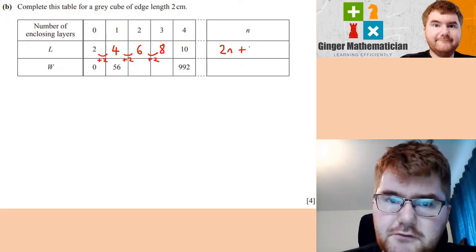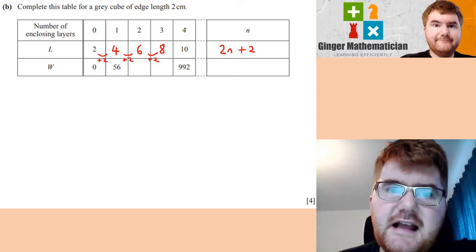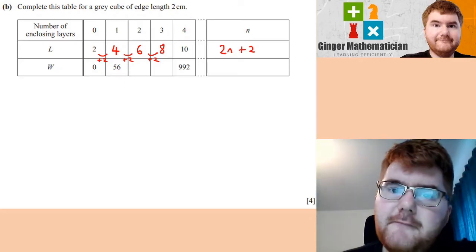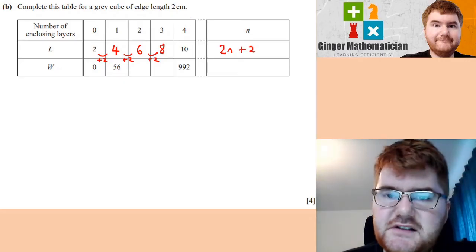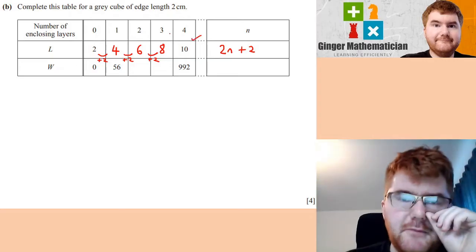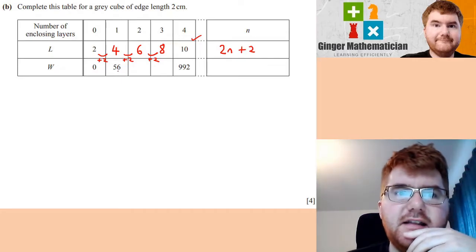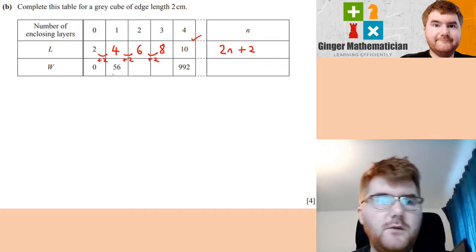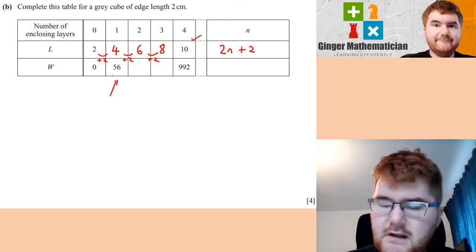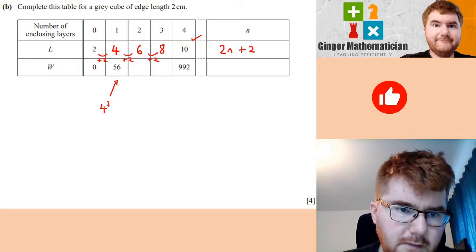Well, we're going to add on 2. Again, you can check this nth term. So if we put in n is equal to 4, then 4 times 2 is 8, 8 plus 2 is 10. That works. Okay, so then we've been able to work that part out here. Now to work out the next part, let's think about the formula we use for this one here. So in order to work out 56, we did 4 cubed minus 2 cubed.